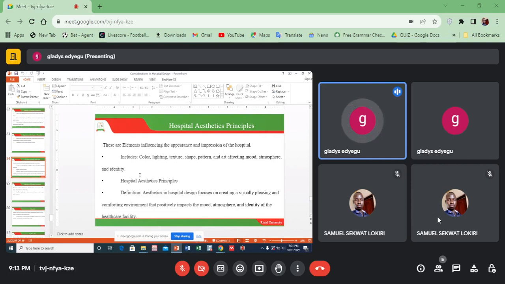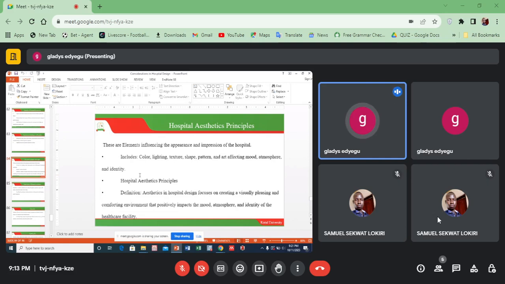Then texture is looking at the floor, the walls, and everything surrounding the hospital, even the linen. The linen is basically the sheets you're going to use on different beds in case you have an admission area. And then we also look at the windows. You're going to put curtains. So those curtains are what we try to look at.